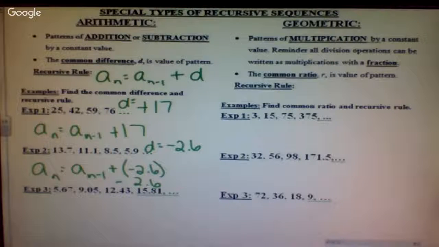I don't care. And finally, example 3. You said plus 3.3? Plus 3.38.